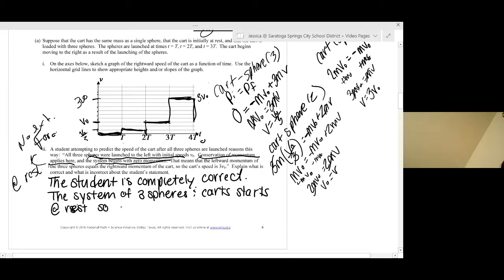So P total momentum is 0. There are no external forces. So momentum is conserved.